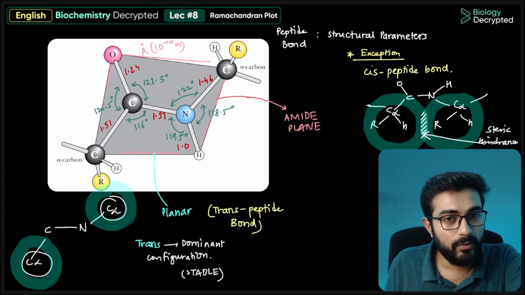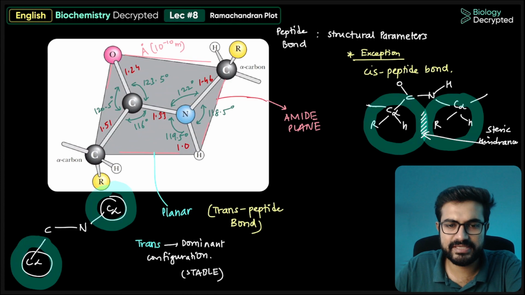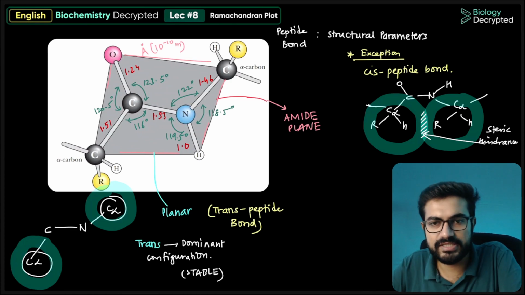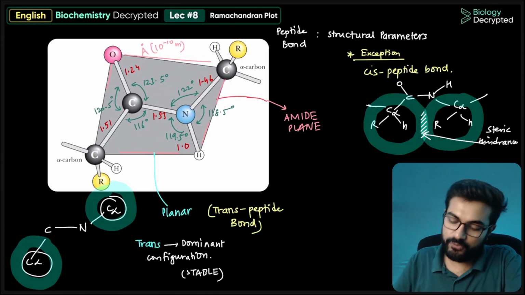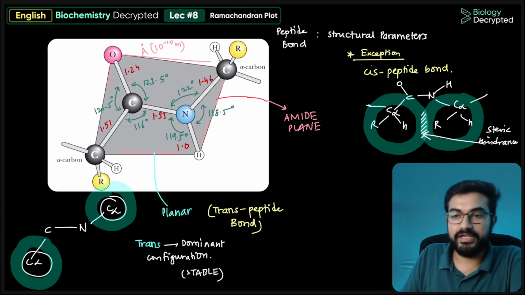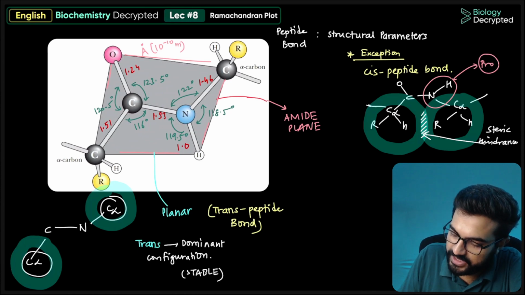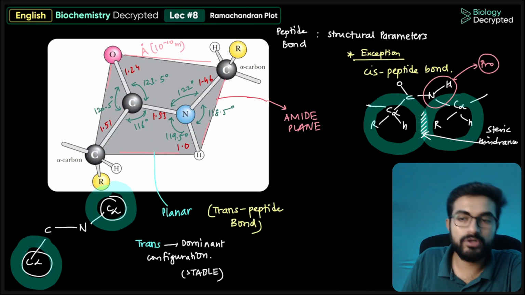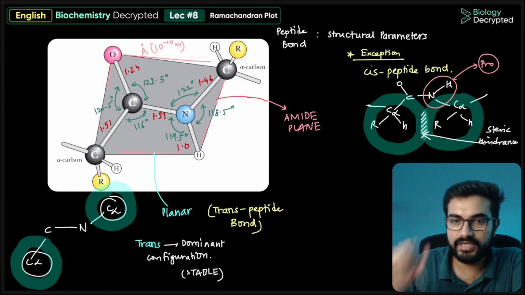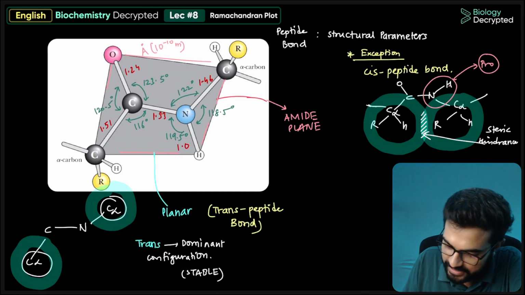Now, is it stable for anyone? For most of the amino acids, this particular configuration is not considered stable. But if we talk about proline, for example, if this part belongs to proline, in that case this won't be an H. If you look at the structure of proline, you can draw it very easily.